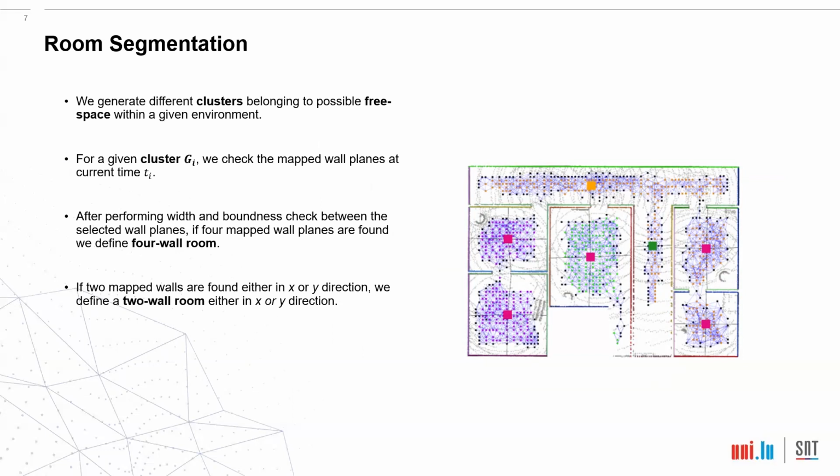After performing some width and bound checks, if 2 pairs of opposed walls are found surrounding a given cluster, we denote it as a 4-wall room, and its center is extracted using the 4 wall planes. On the other hand, if only 2 opposed wall planes are found, a 2-wall room is extracted and its center is calculated using the cluster center as well as the 2 wall planes.